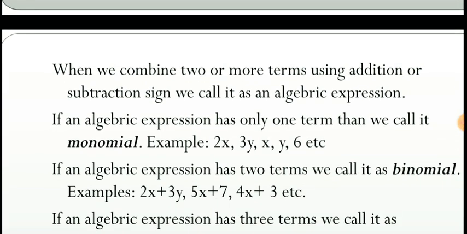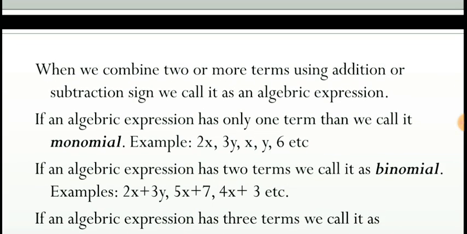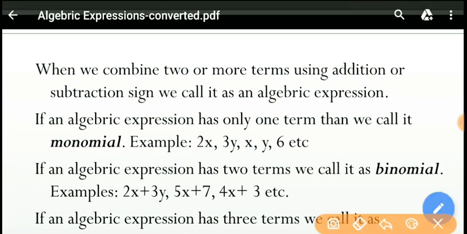When we combine two or more terms using addition or subtraction, that time we studied about combining a constant with a variable or a variable with a constant, but this time we are combining two or more terms using an addition or subtraction sign.